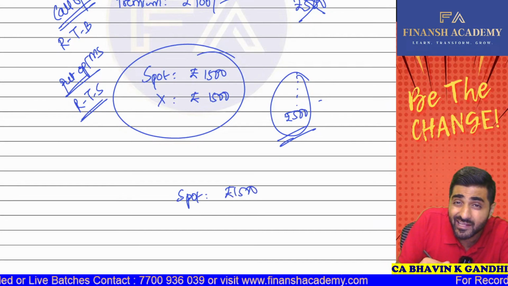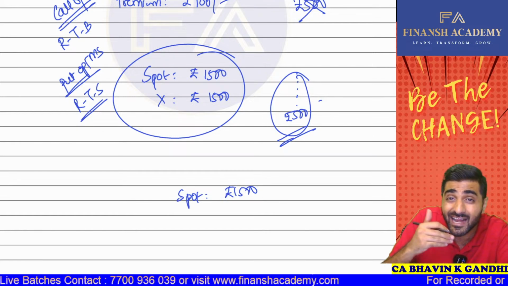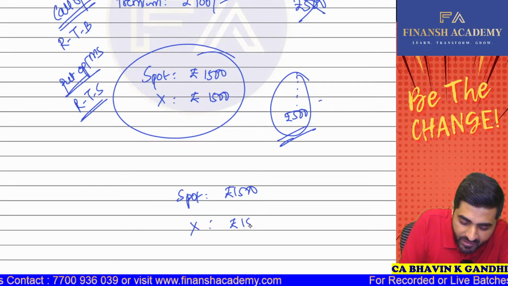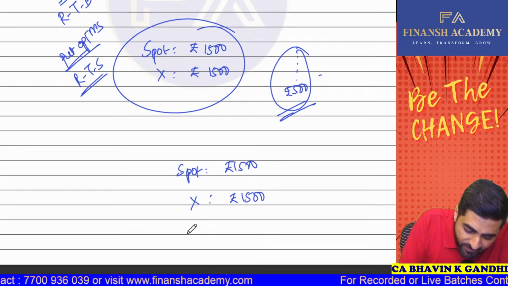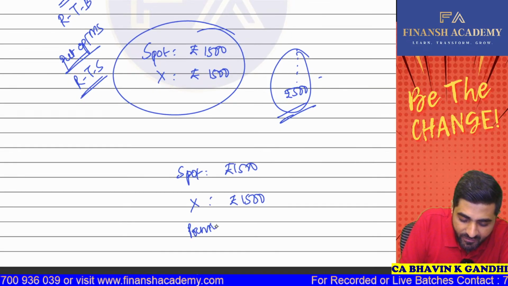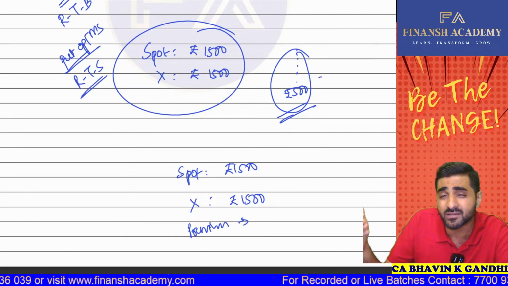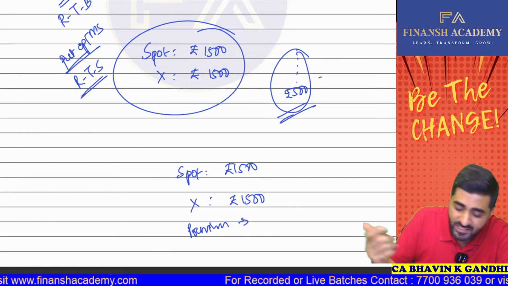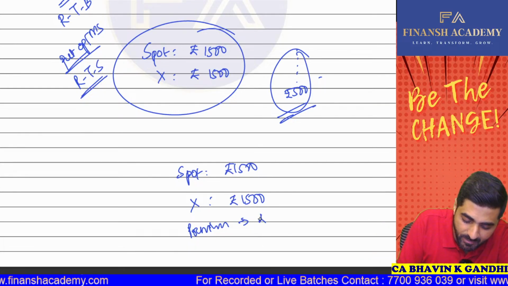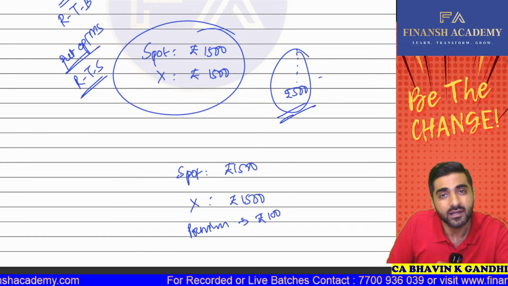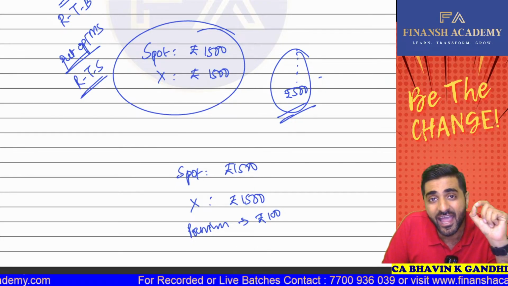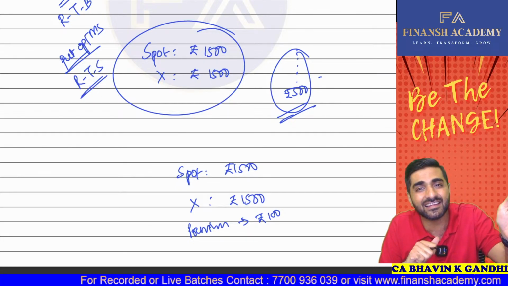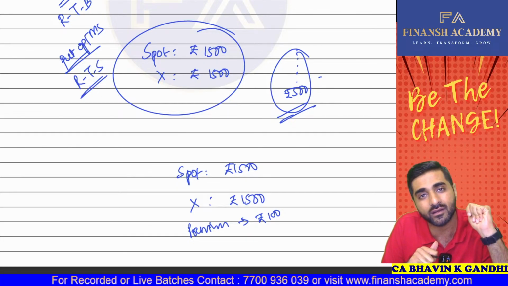I will enter into a contract for the right to sell Reliance Industries Limited at rupees 1500, for which I will pay some premium to the person who is writing the option contract, that is, to the opposite party. Let's say the premium paid is 100 rupees. Now, my dear students, I have paid a premium of 100 rupees, which gives me a right to sell Reliance for 1500 rupees at the end of year one.